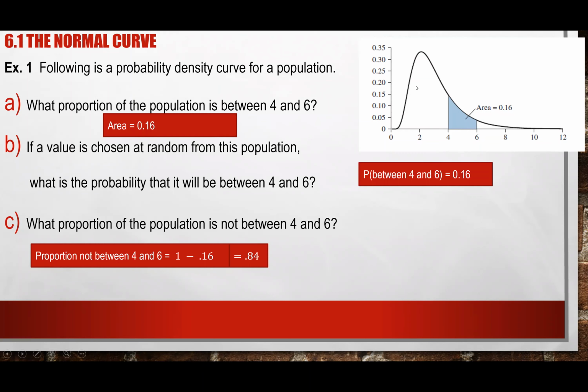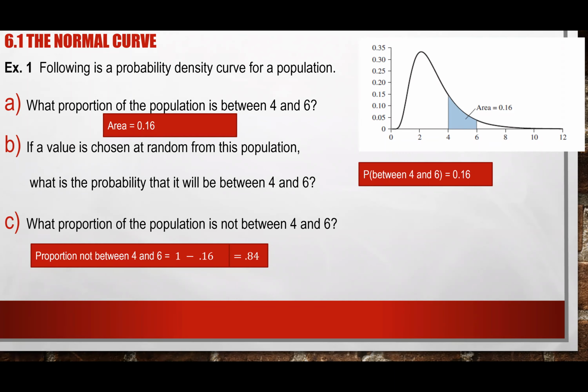We don't know how the probability is distributed, but we know that the leftover beside this 0.16 is 0.84. Okay, so that's the idea here: if we give you a probability density curve, can you look at that and answer the follow-up question?